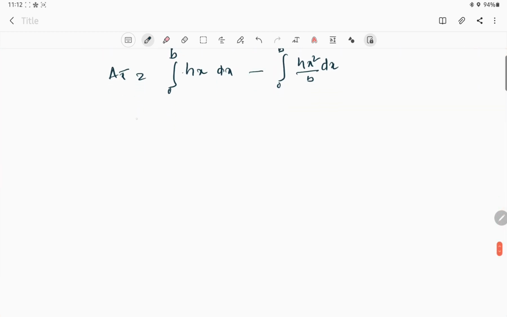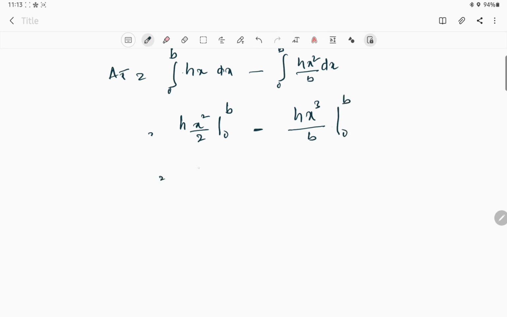Once you do this integration, that is h into x square by 2, limit is 0 to b, and minus, if you do the integration, hx cube by b, limit is 0 to b.